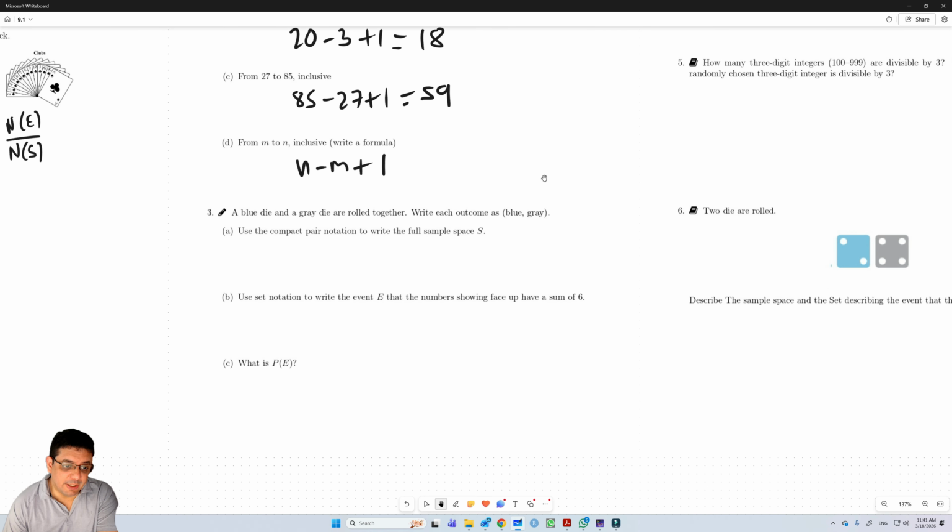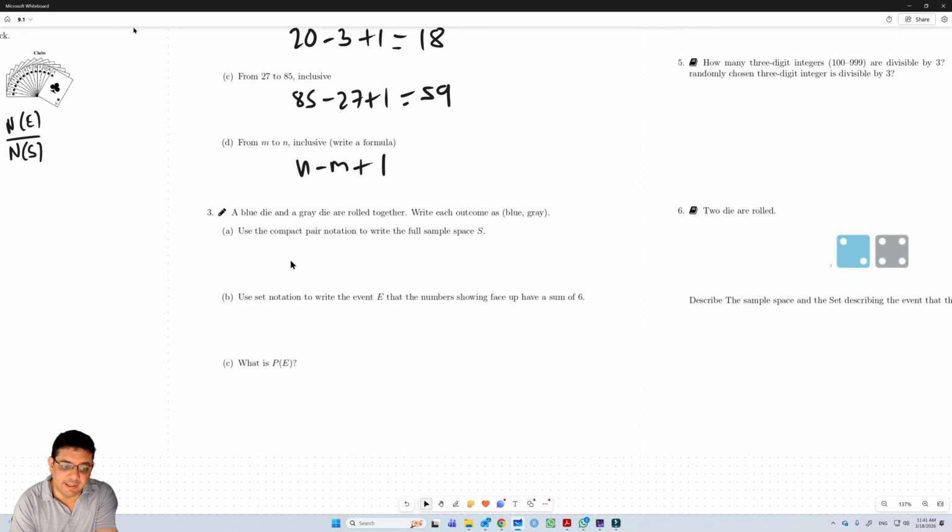Now, number 3, we have a couple of dice. So we have a blue die and a gray die that are rolled together. And we want to write each outcome as blue or gray, right? And so first we want to use a compact pair notation to write the full sample space.